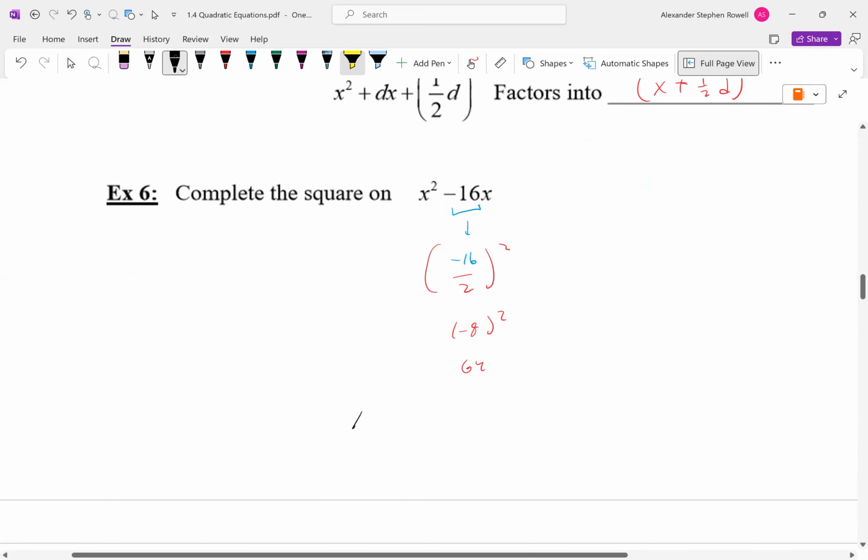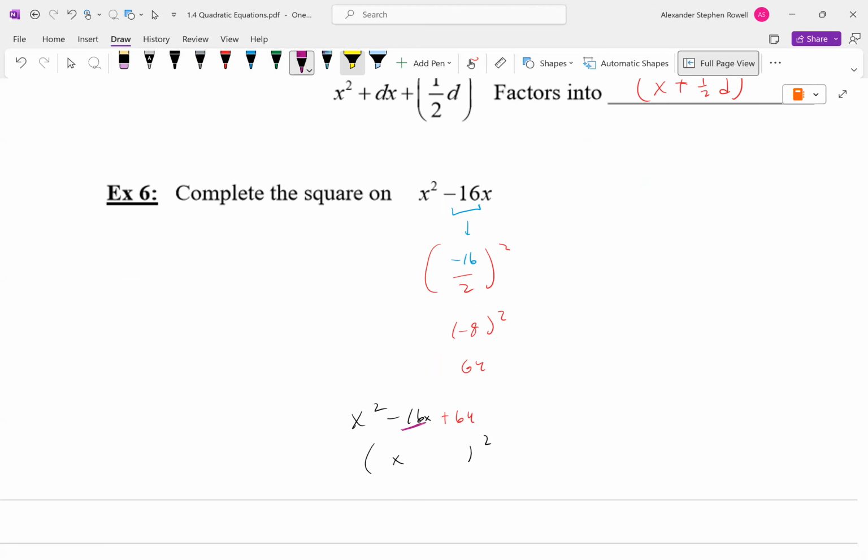So let's check it. What's x squared minus 16x plus 64? Does it factor into a perfect square? Yes, I take half this number. Take half that number, -8. Is it true that x minus 8 times x minus 8 gives us our trinomial? Good. So are we all comfortable with that?